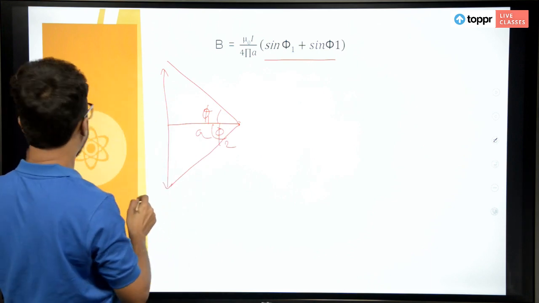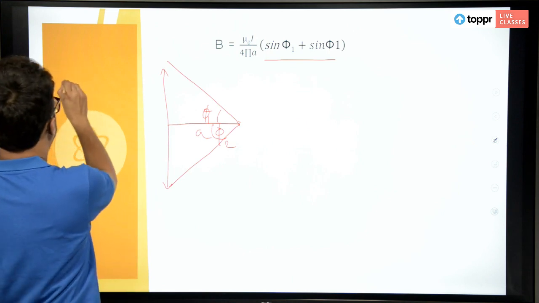Now see, in both of the cases, the coil was like this.